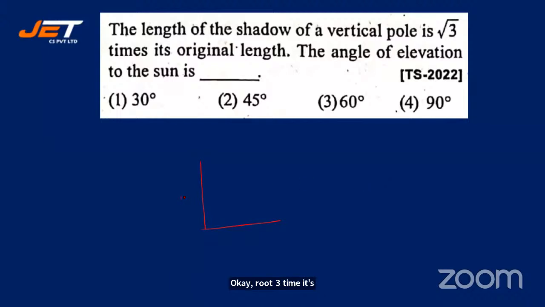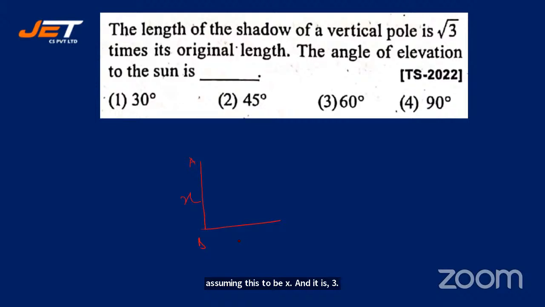So let the pole AB, that is the length, you're assuming it to be x, right? So you're assuming this to be x. And it is root 3 times its original length.